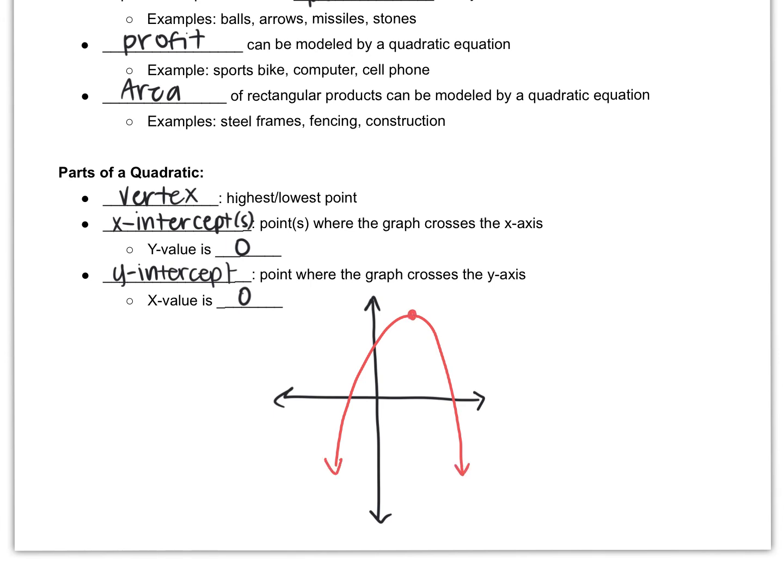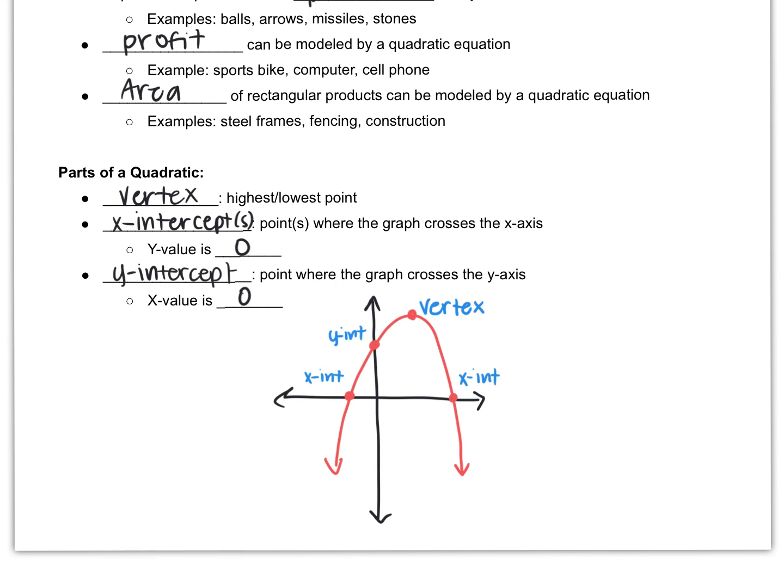Okay, so the vertex, which in this case, because I changed to opening down, is the highest point. X-intercepts, and then our y-intercept.